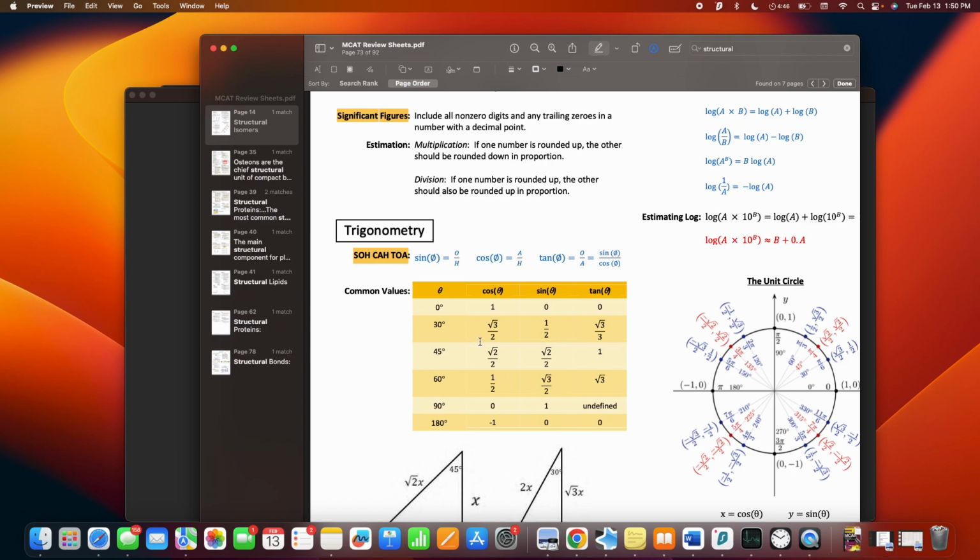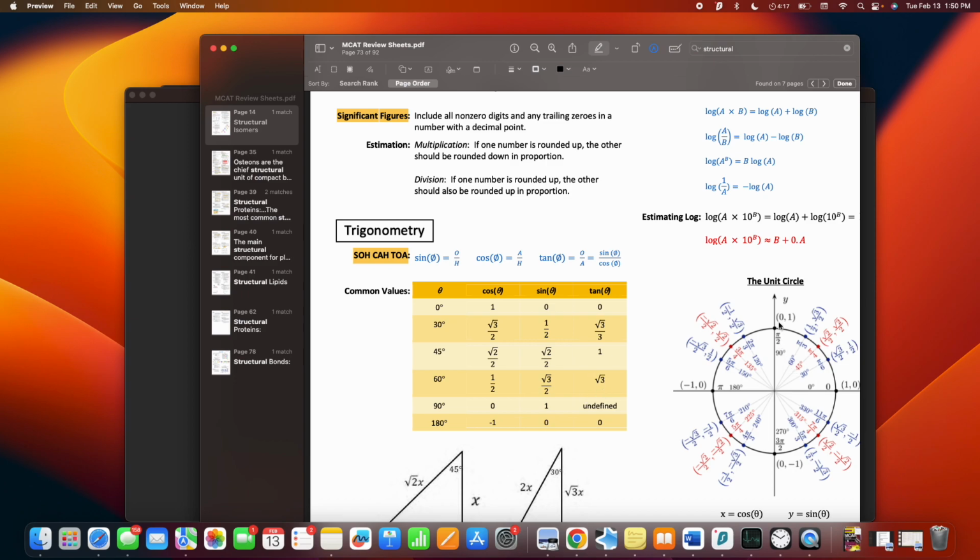The cosine of 30 degrees is square root of 3 over 2. Adjacent over hypotenuse, square root of 3 over 2, 1 over 2. And for 90 degrees we had it. For 45 degrees, both are square root of 2 over 2, but for tangent it's 1. Tangent of 30 degrees is square root of 3 over 3, and for 60 degrees it is square root of 3.